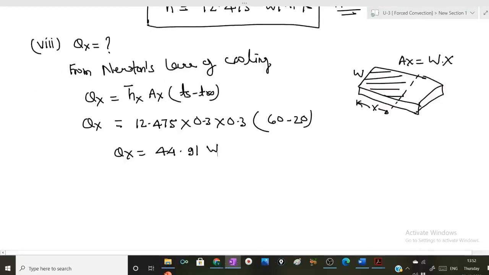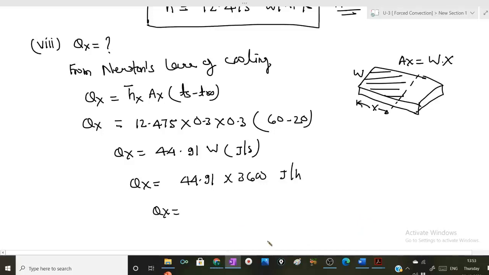Okay, that is joule per second. But we are supposed to calculate heat transfer rate per hour. So it will be 44.9 into 3600, since 1 hour is 3600 seconds, so joule per hour.